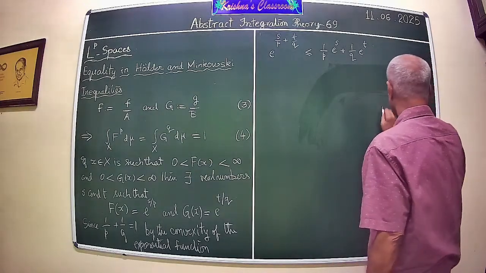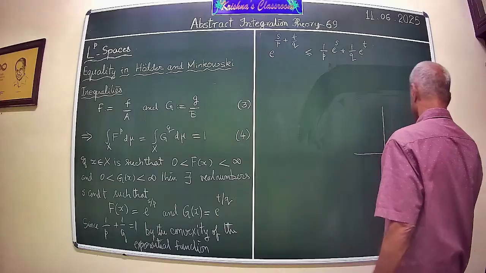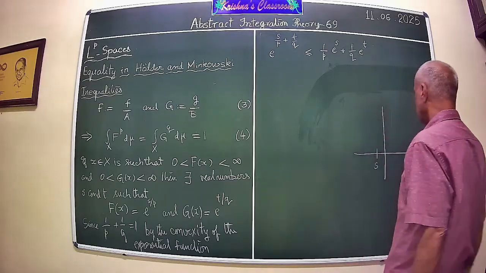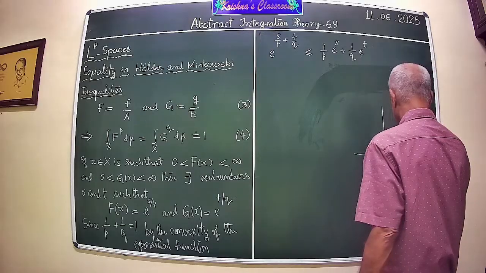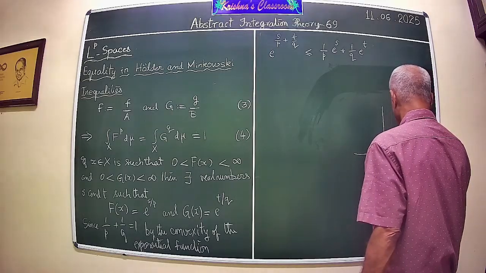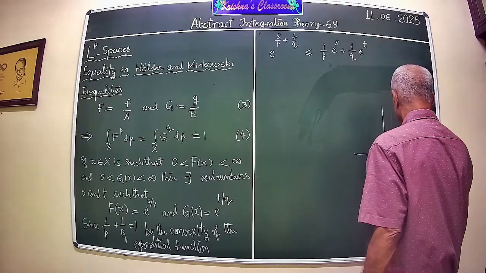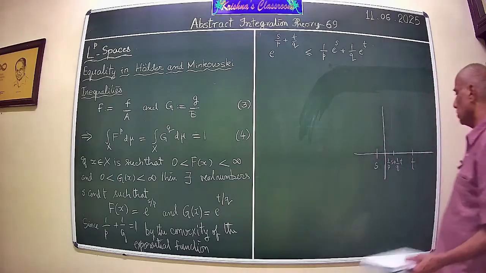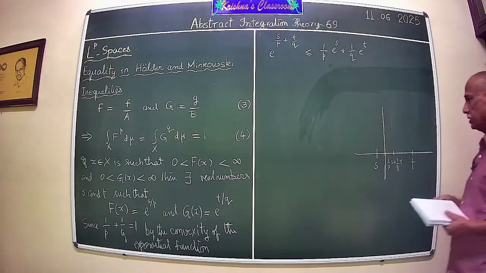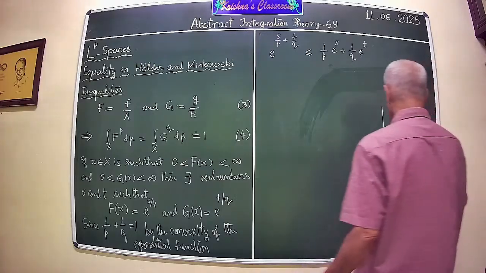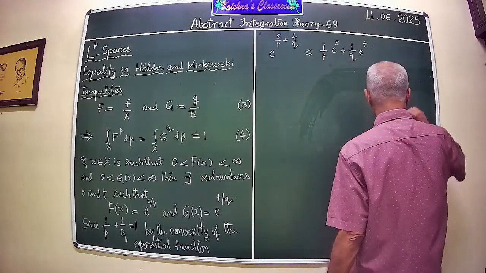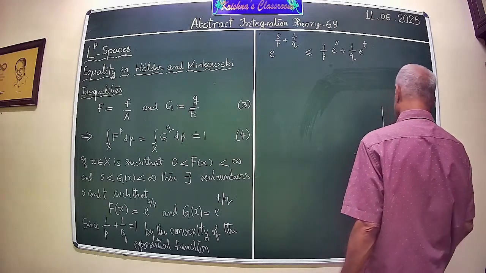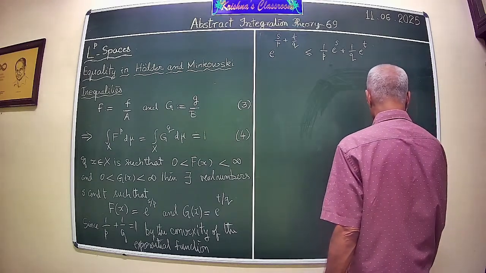In fact, it just means the following. Okay, suppose this is t. Suppose this point is 1 by p, so that it is some intermediate point. And you know that this function is convex. What is the meaning of that?